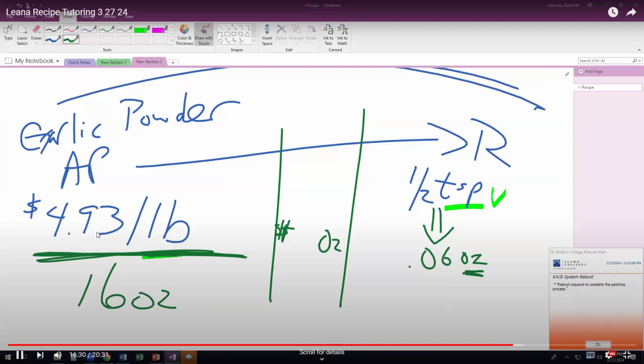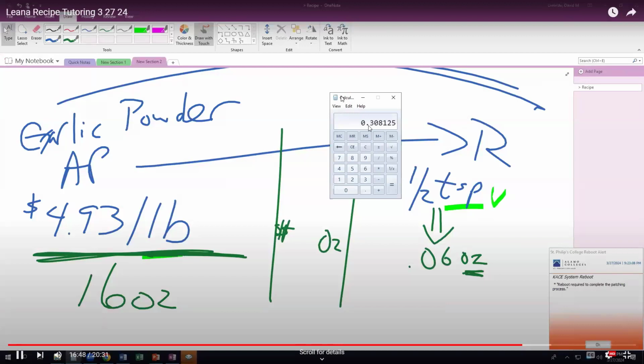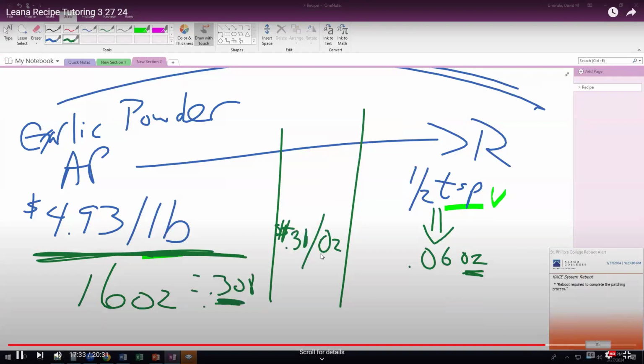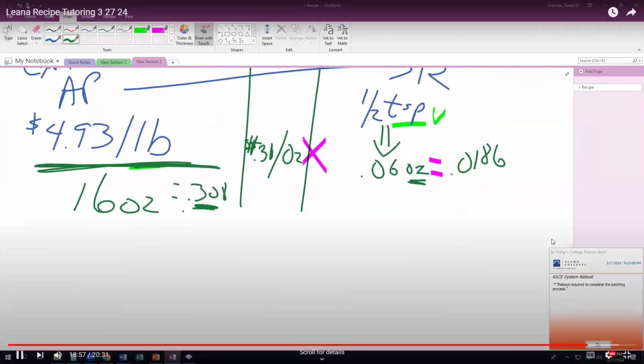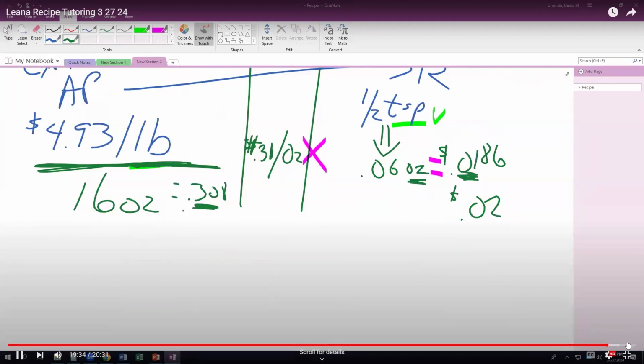So the cost of 493 divided by 16 ounces will give us our cost per ounce of 0.308125. And we want to round that up to the nearest penny. So in this case, it'll be 31 cents per ounce. And then we can multiply by the 0.06 to get the total cost of 0.018, which we again round up to the nearest penny, and that's going to become 2 cents for our garlic powder.